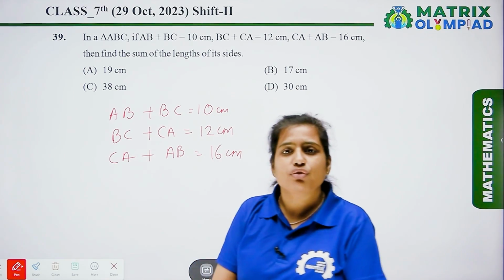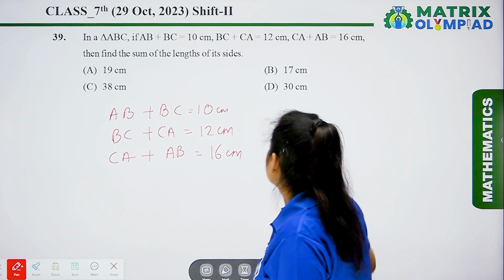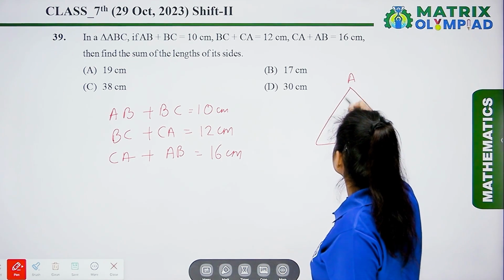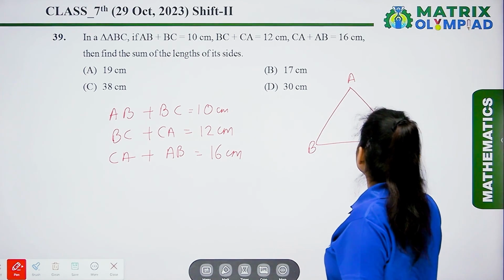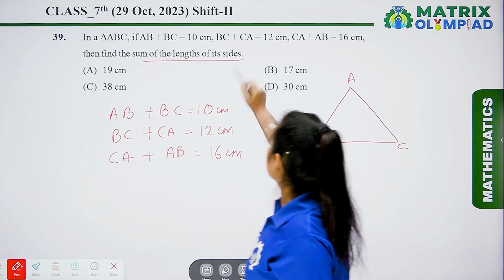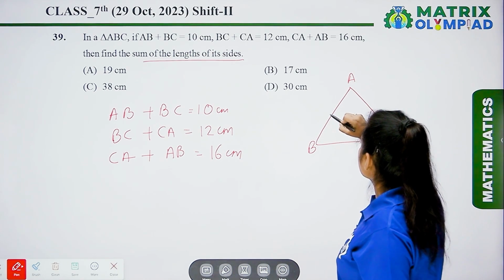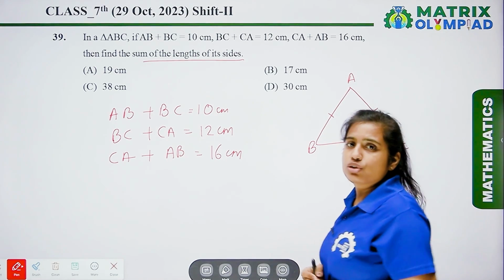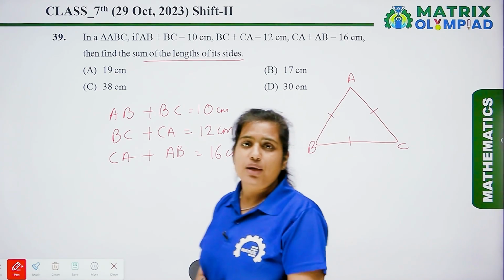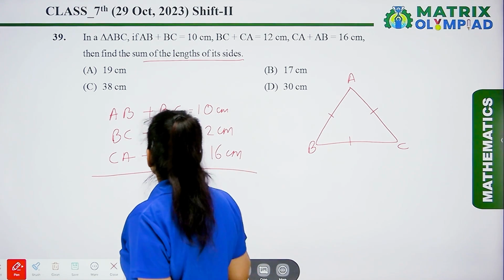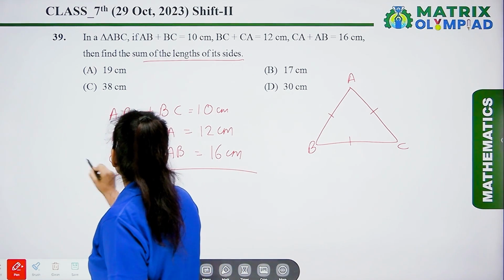So here we have to find out the sum of its lengths. Means this is a triangle. This is A, B, C. So we have to find out the sum of the lengths of its sides. Means AB plus BC plus AC. So we have to find out the perimeter of this triangle. Now let's take the help of this.